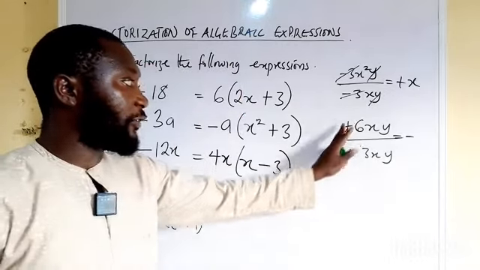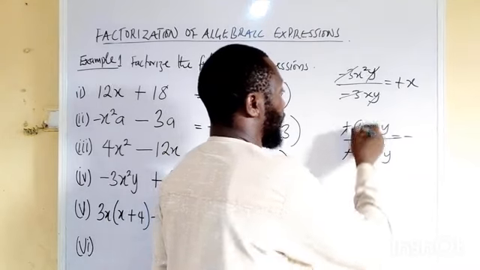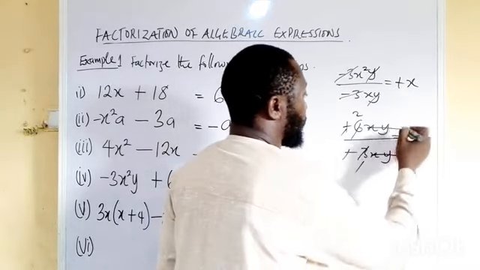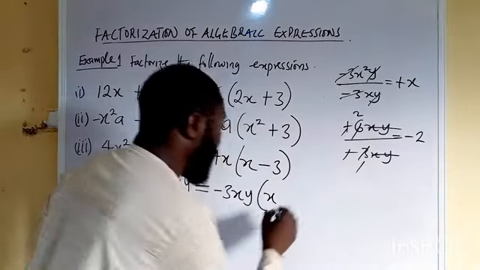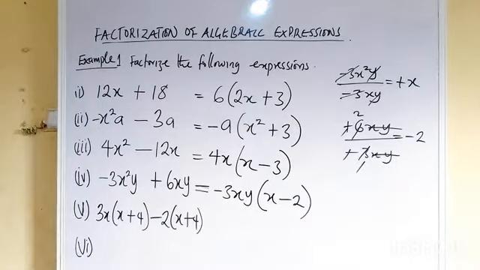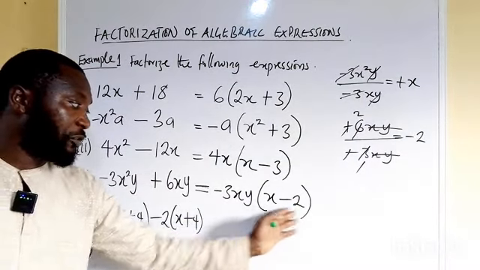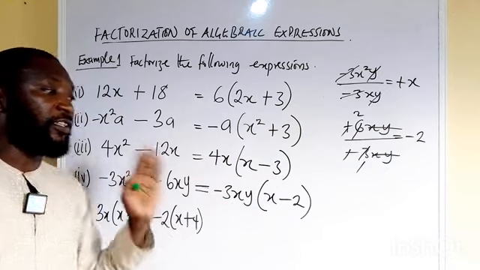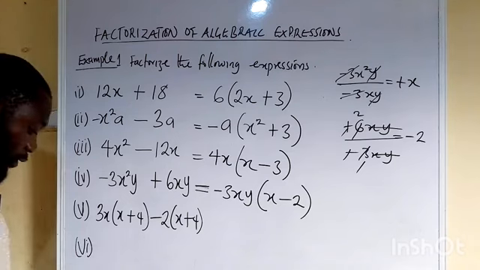And 3 goes into 6 two times. xy cancel out. So what is left is just -2. It means we are going to have a -2 here. So now we have the product of two expressions, (x - 2) multiplied by -3xy. And this is factorized.